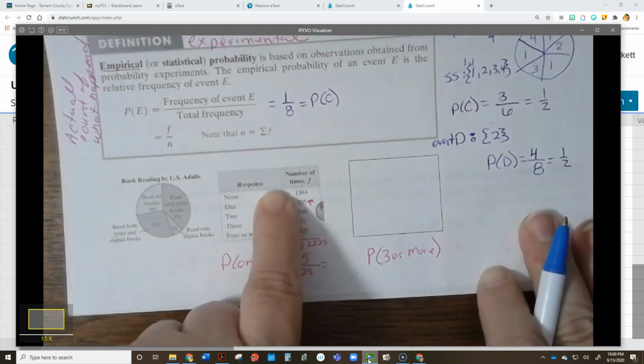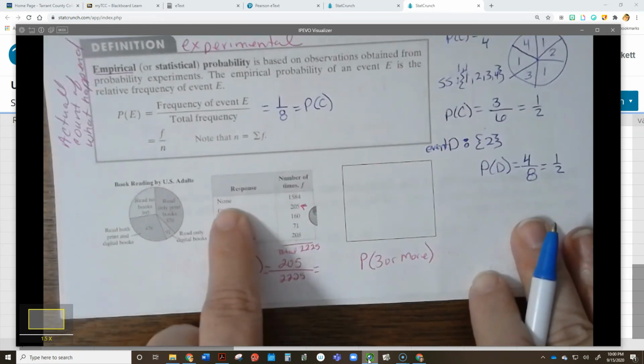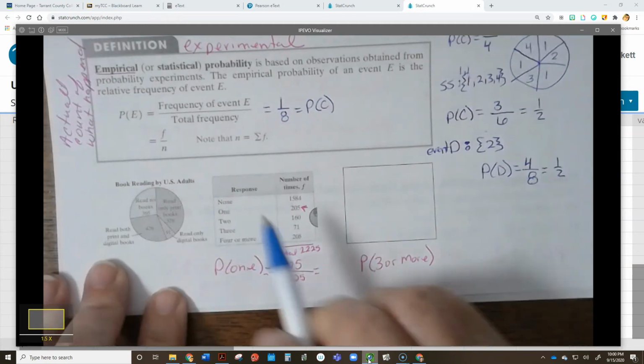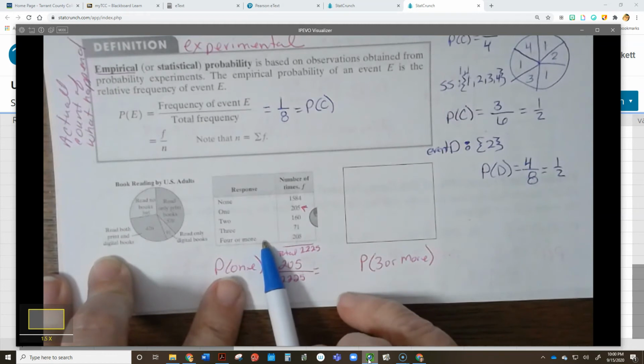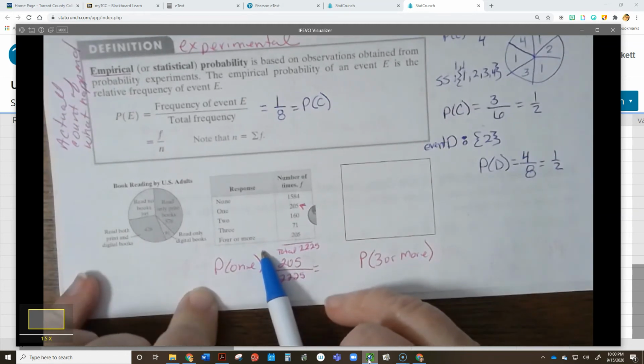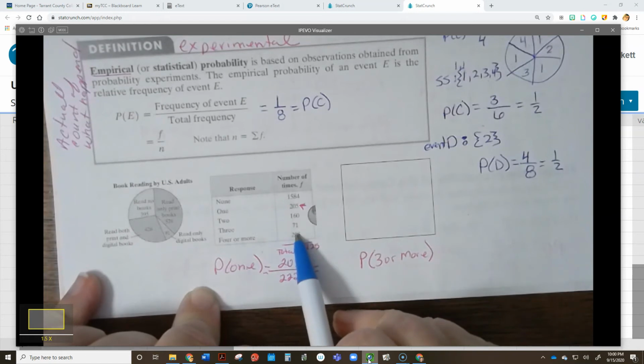We can use frequency tables, and that's what this is right here. Here are the responses that we could have had. Some survey, and I don't know what they asked them, but maybe how many dogs you have, or how many kids you have. They obviously asked 2,225 people, because if you add all those numbers up, that's how many you get.